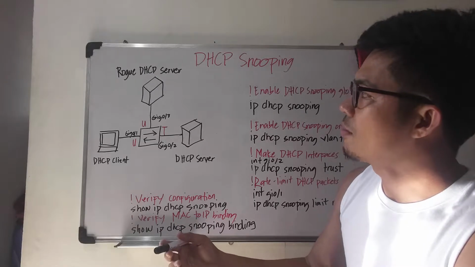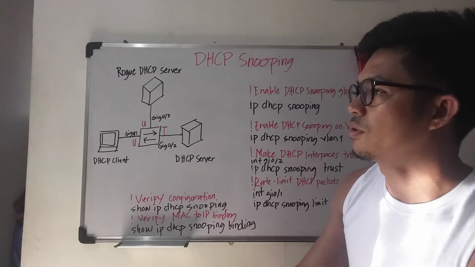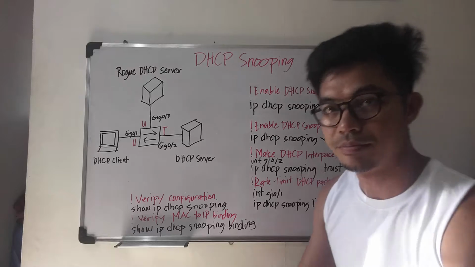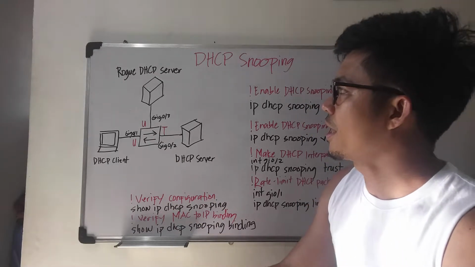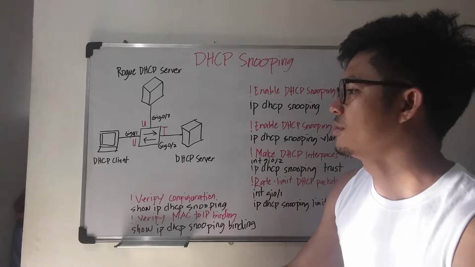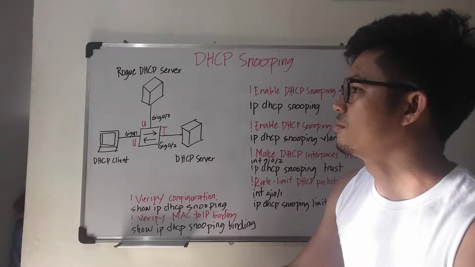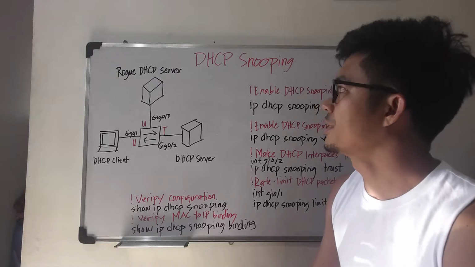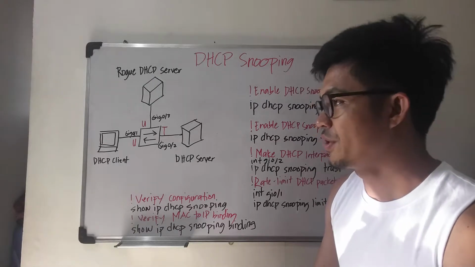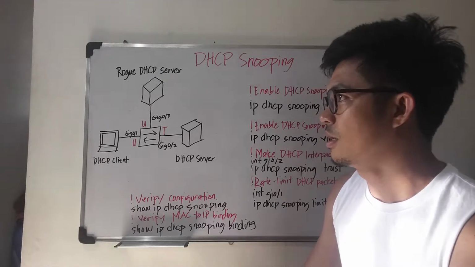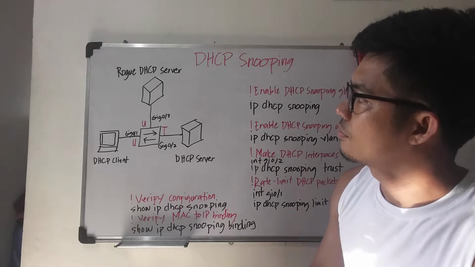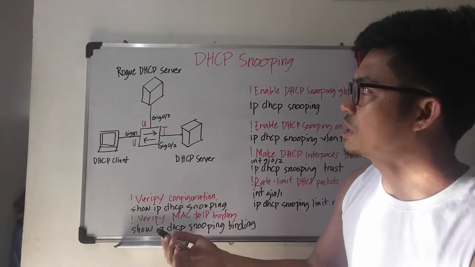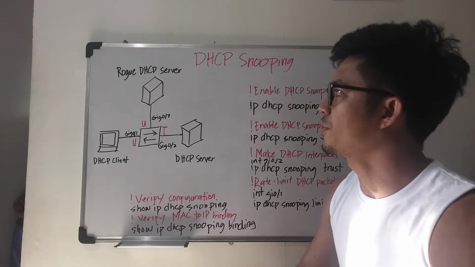It actually happens when a user or an attacker connects a rogue DHCP server to a switch, and that attacker is running some DHCP spoofing program on his computer, or just a DHCP server on his computer.